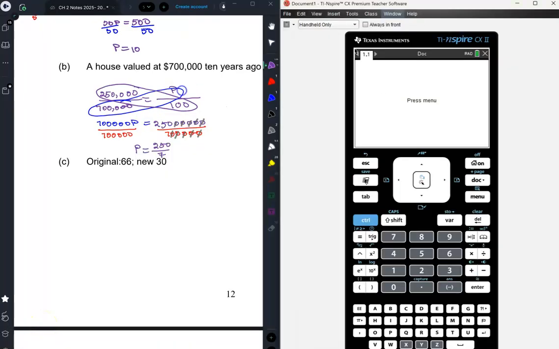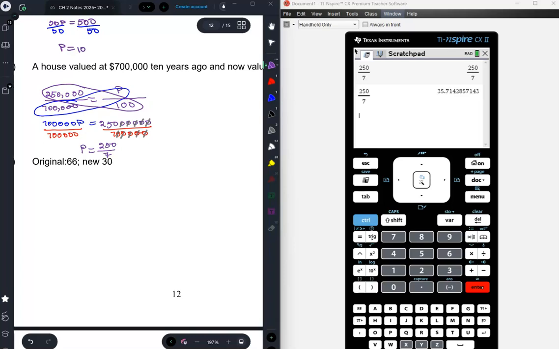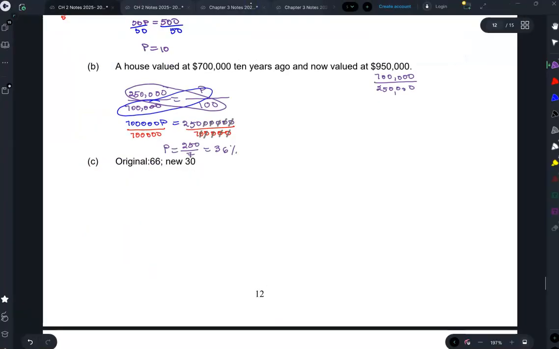Press this calculator button. And now we're going to get 250 divided by 7. What happens if you get this? What are you supposed to press? Control Enter. And so this is 35.7, but we had said to round to the nearest percent, so that's 36%. Now, was this one increase or decrease? Increase. So I say 36% increase.